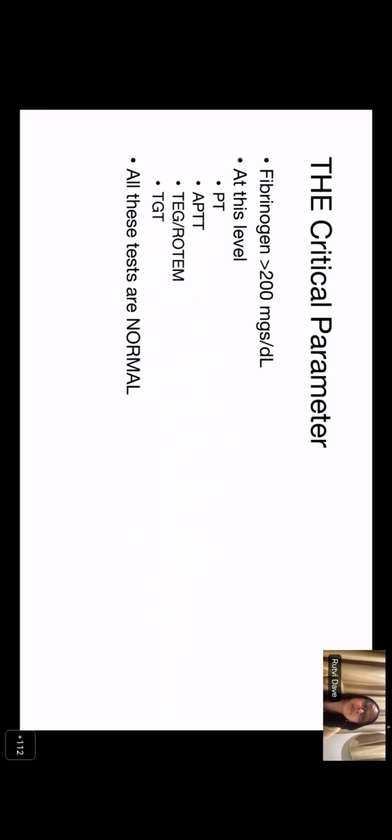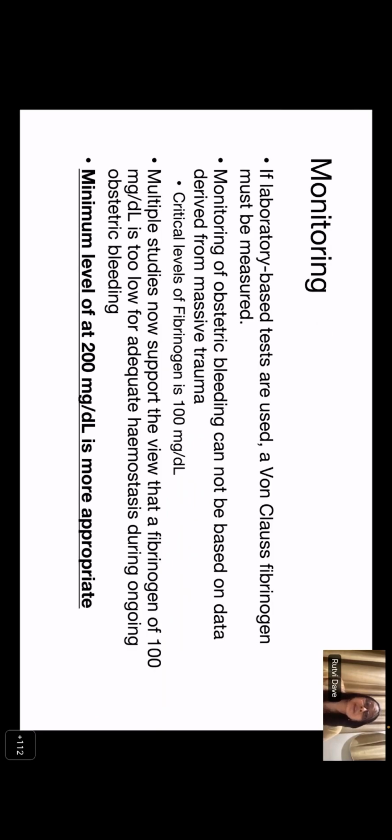And when you have a fibrinogen at this level, naturally all your coagulation tests, PT, APTT, TEG, ROTEM, everything, all these tests will be normal. So if you want to monitor a patient who has PPH, the most important test is a Clauss fibrinogen.